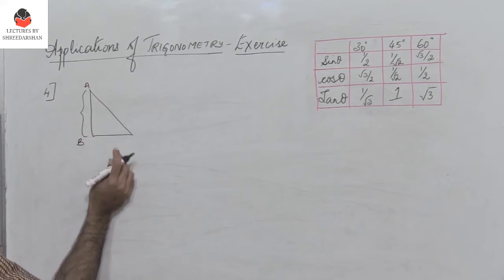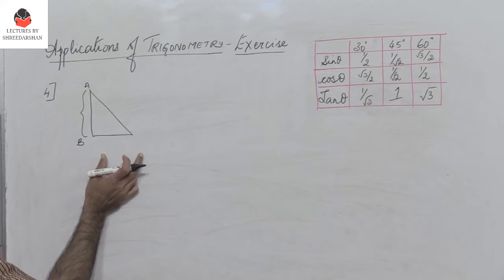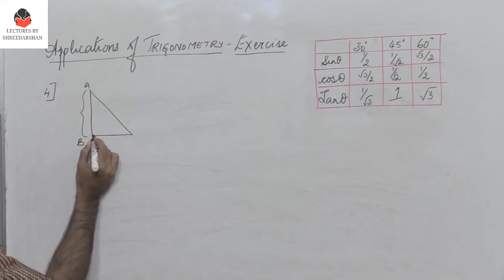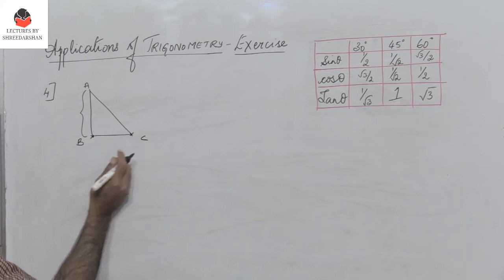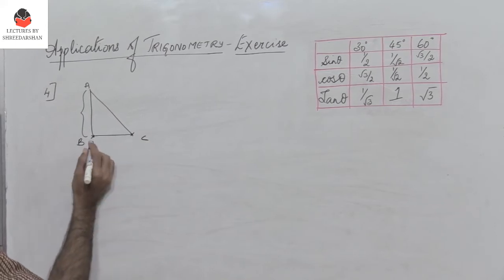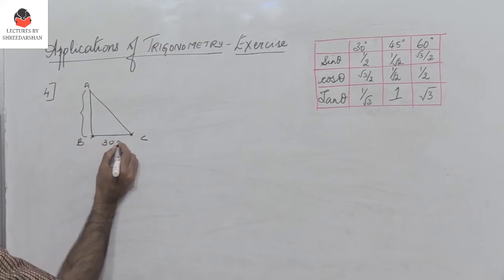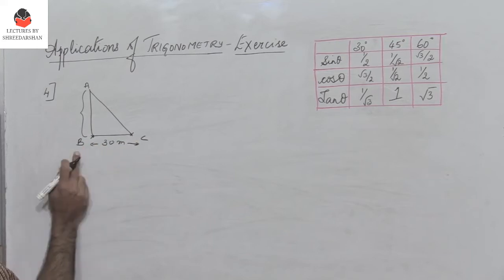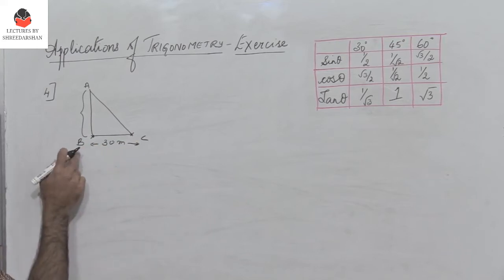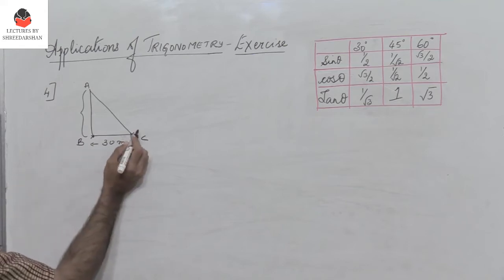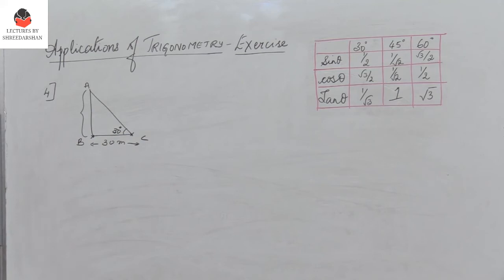From the point on the ground which is 30 meters away, so this is the foot of the tower and this is C. So from a point which is 30 meters away from the foot of the tower, which is B, the angle of elevation is given as 30 degrees. So this is 30 degrees. So I need to find the height of the tower.